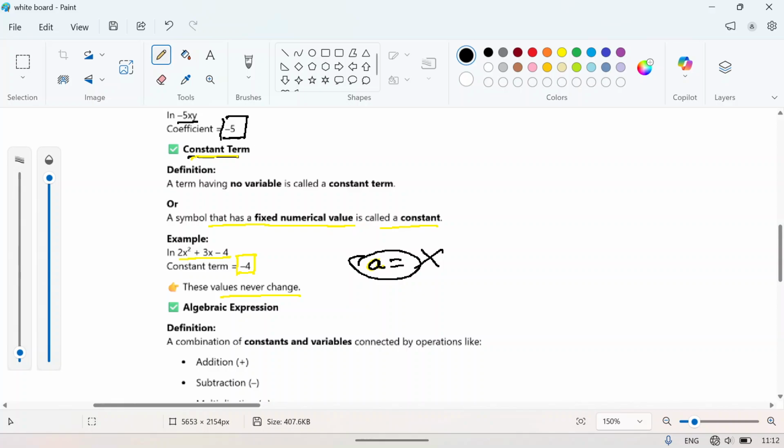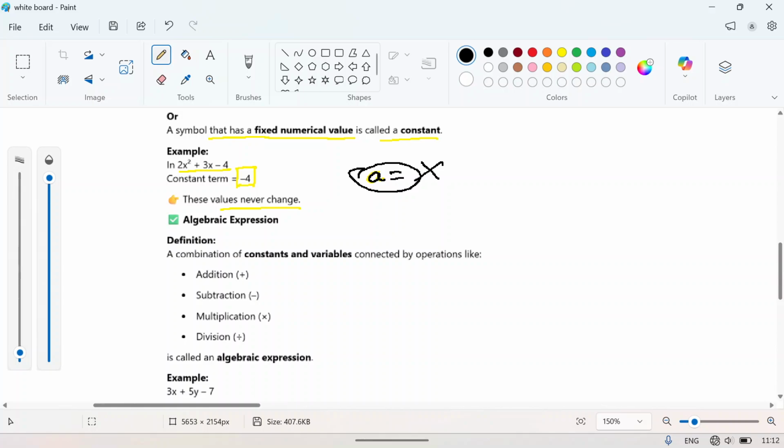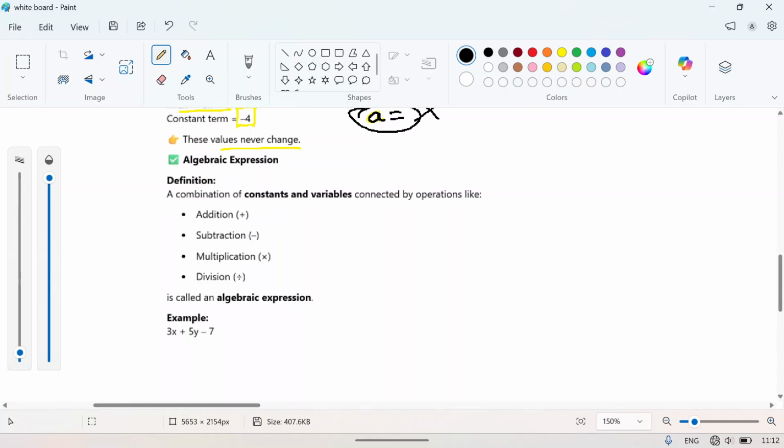Algebraic expression. The algebraic expression is a mathematical statement made by a combination of alphabets, symbols or operations. A combination of constants and variables connected by operations is called an algebraic expression. What kind of operations?